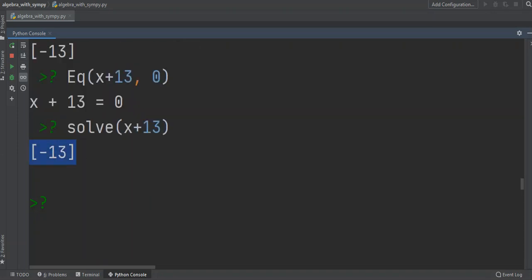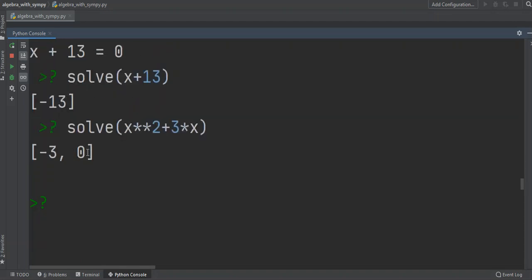And you see you get negative 13, negative 13 plus 13 equals 0, and that's what it solved. So that's actually very handy, because often when you're doing something like x squared plus 3x equals 0, it'll solve it for you, and that might be a lot faster. Depends on what you're doing.